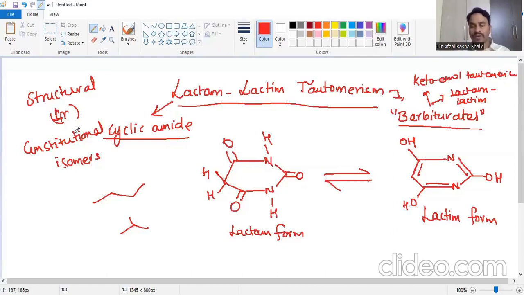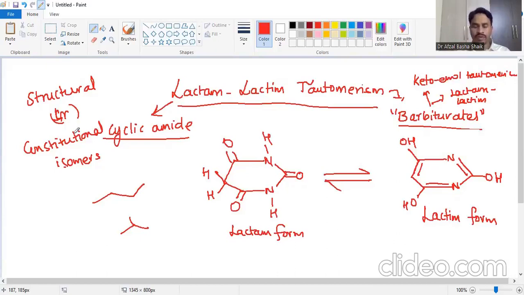Such types of isomers or structural isomers are called metamers. And the last and final type of isomers are tautomers or tautomerism. Tautomerism is a concept that arises only when a molecule has the ability to transfer a proton within the molecule. That is why it arises due to migration of a proton in the molecule.